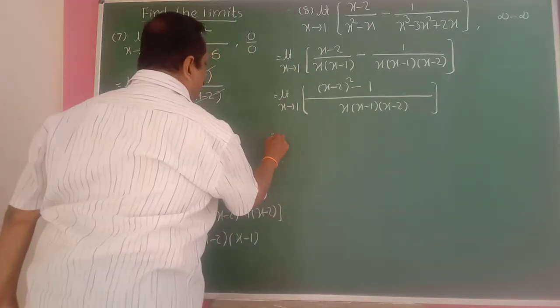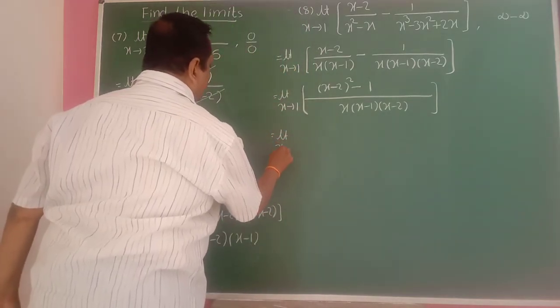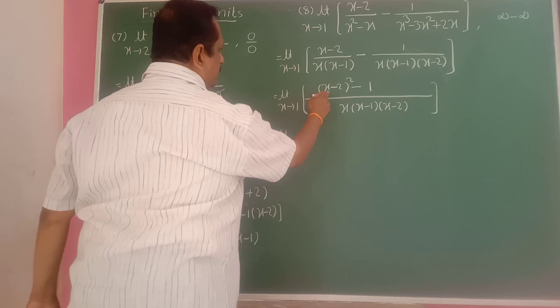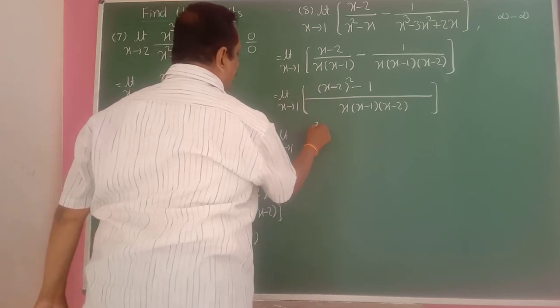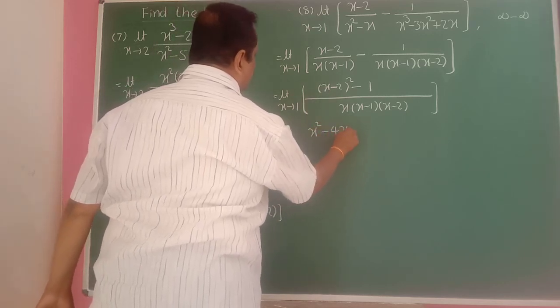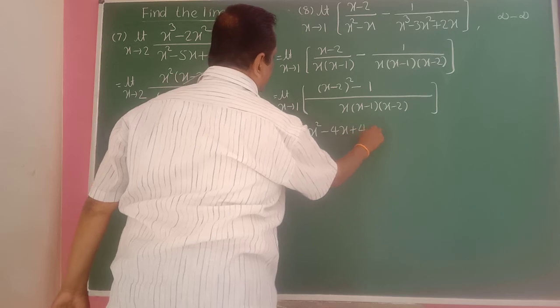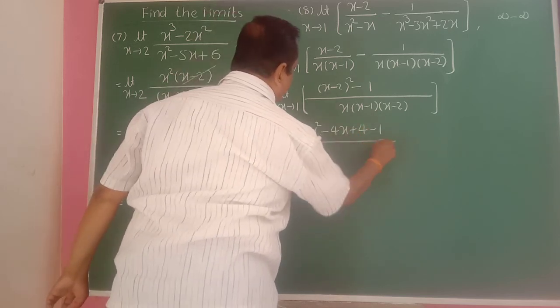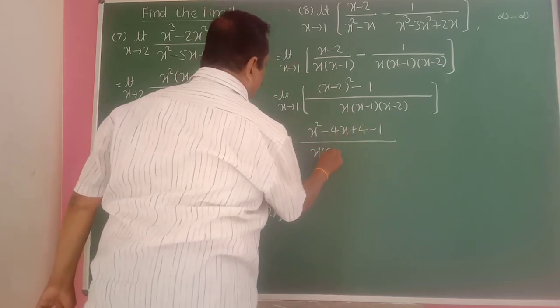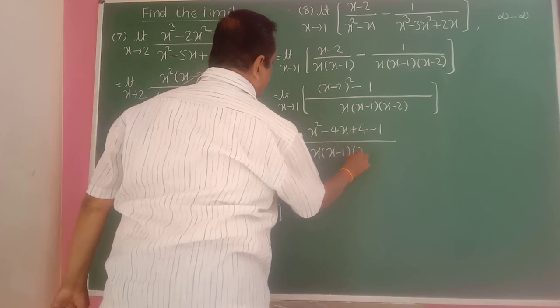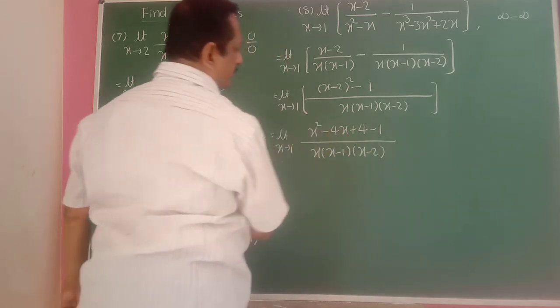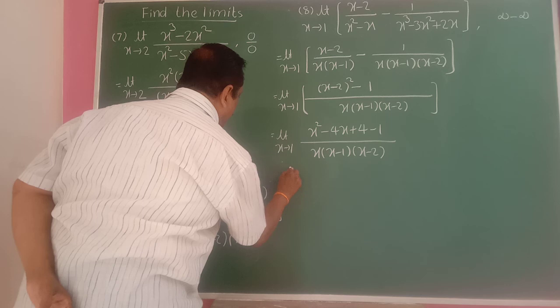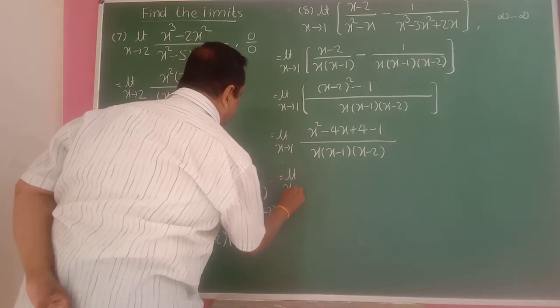Then this is equal to limit of x tending to 1, x minus 2 whole square, x square minus 4x plus 4 minus 1, divided by x into x minus 1 into x minus 2. Therefore this is equal to limit of x tending to 1.